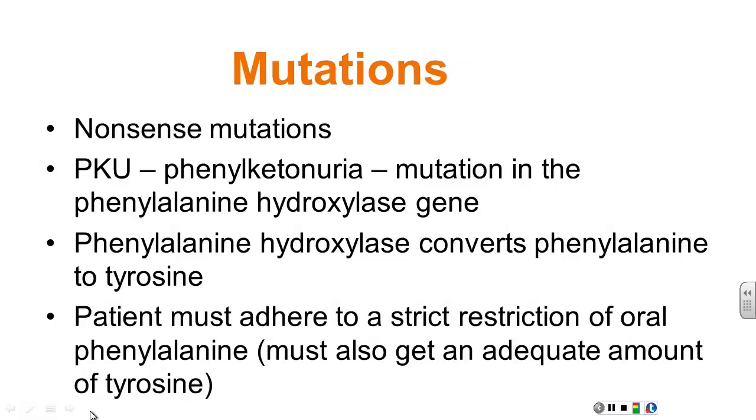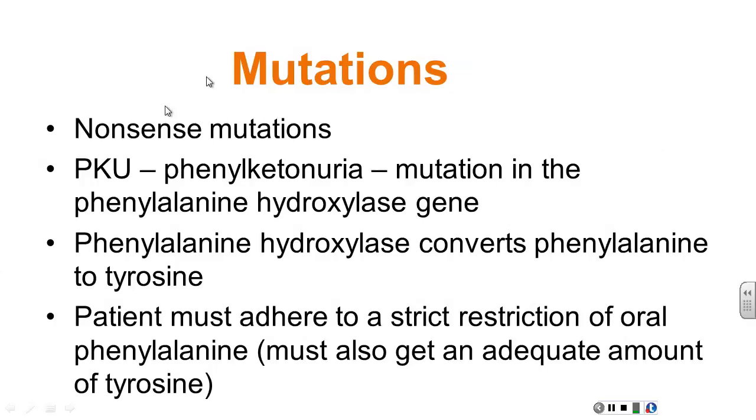A real-world example of where you will see nonsense mutations is in a disease we've already discussed in several different lectures, and I believe you will discuss it next week with Dr. Gardner, a little bit in some of the advanced topics on nonsense mutation in PKU.